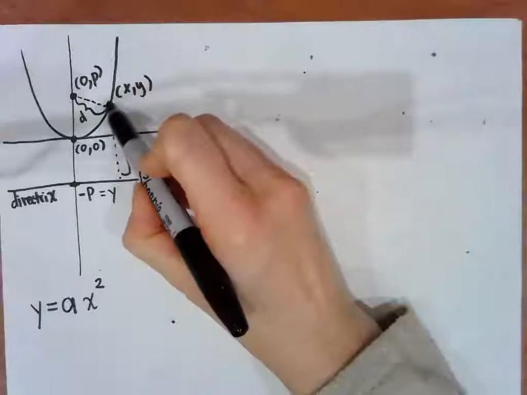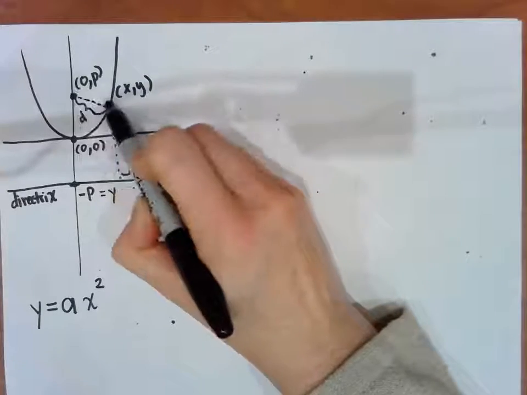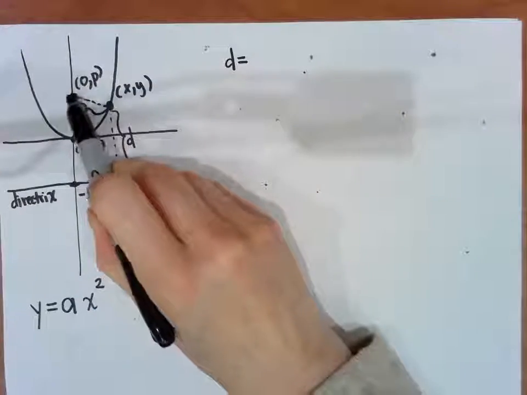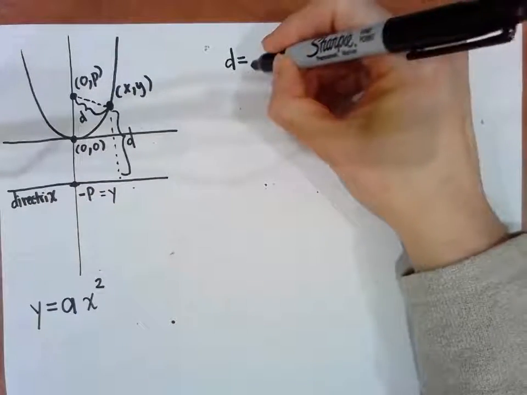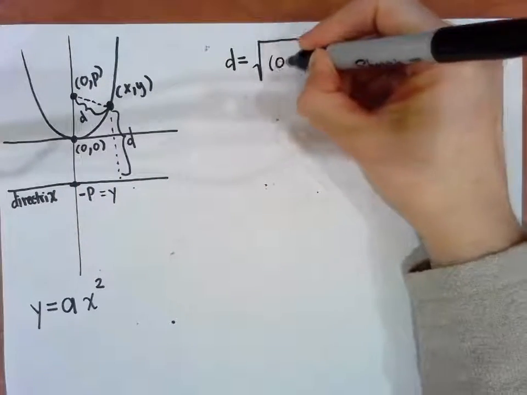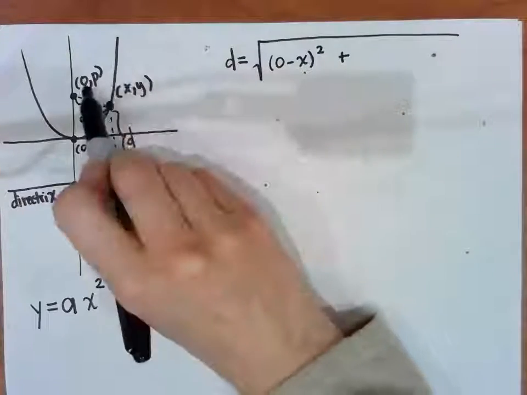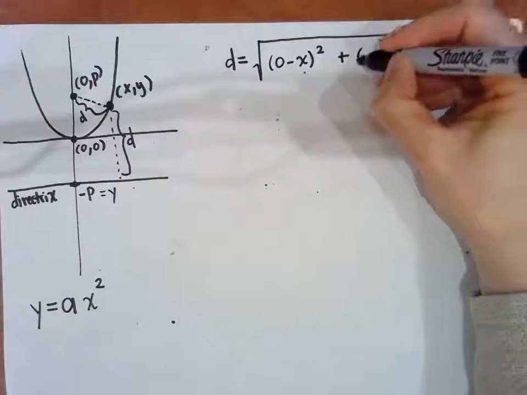Okay, so let's calculate this distance, d. Well, that distance, the distance between 2 points, is simply the square root of (0 minus x) squared plus (p minus y) squared.